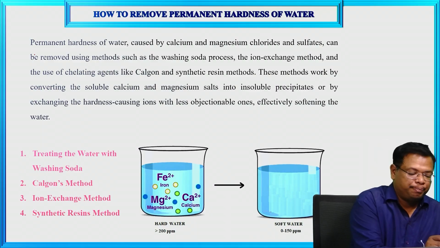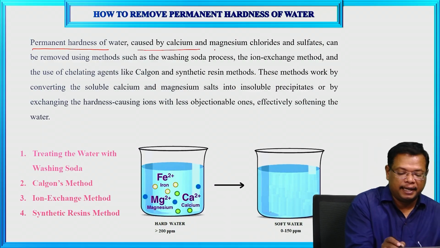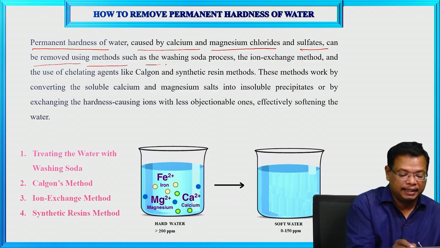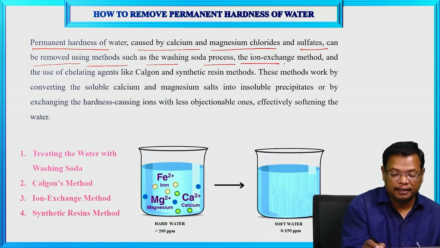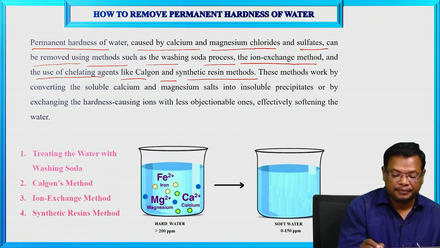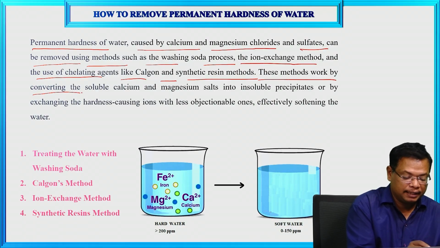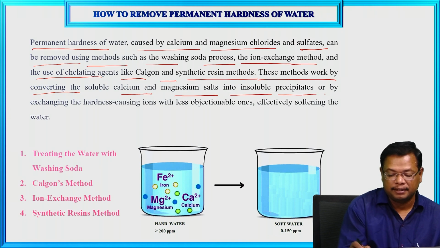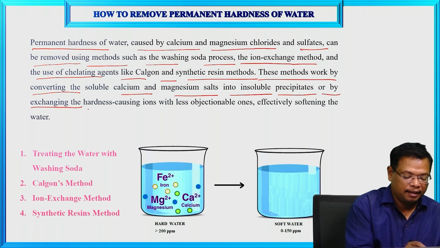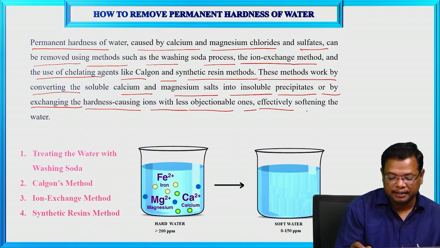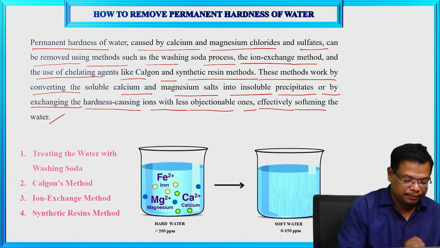Permanent hardness caused by calcium and magnesium chlorides and sulfates can be removed using methods such as the washing soda process, the ion exchange method, and the use of chelating agents like Calgon and synthetic resin methods. These methods work by converting the soluble calcium and magnesium salts into insoluble precipitates or by exchanging the hardness causing ions with less objectionable ones, effectively softening the water.